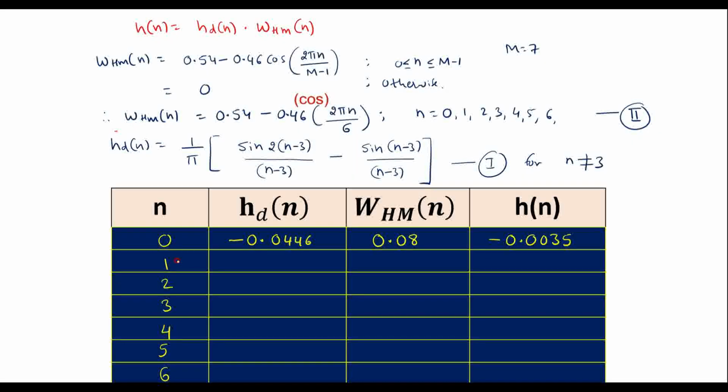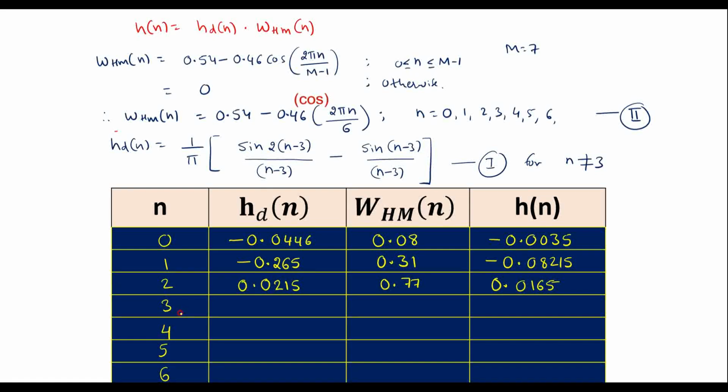Similarly, for n equal to 1, hd of n value will be 0.265 and this one will be 0.31. Multiplying we will get 0.08215. Similarly, for n equal to 2, it will be 0.0215. WHM of n will be 0.77 and this will be 0.0165.